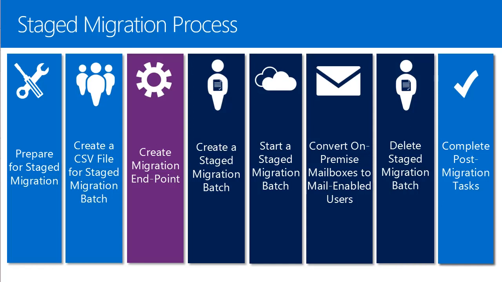And after that we have these dark blue boxes. A dark blue box is marking the migration batch. And actually here again you have the possibility to create multiple batches, so you can move your users in groups to the cloud. So not everyone in one step, but in groups.